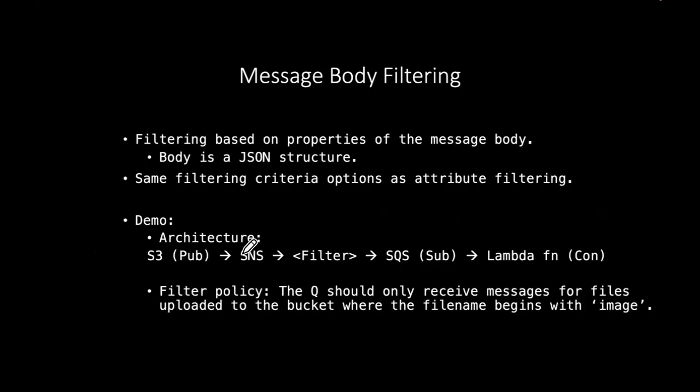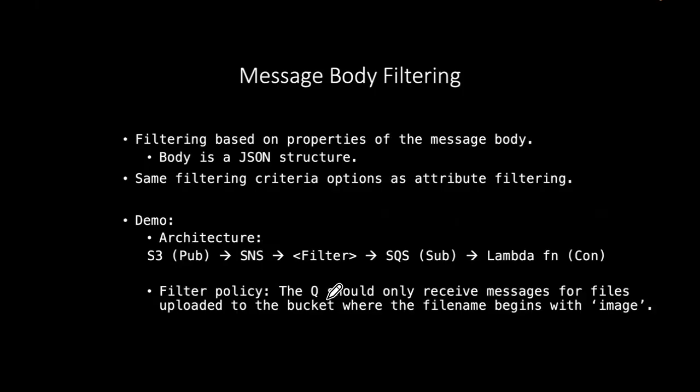SNS then, what does it do? It publishes the message or passes the messages onto an SQS queue, but we want to do filtering of the messages. And for simplicity's sake, I'm defining the filtering policy here.